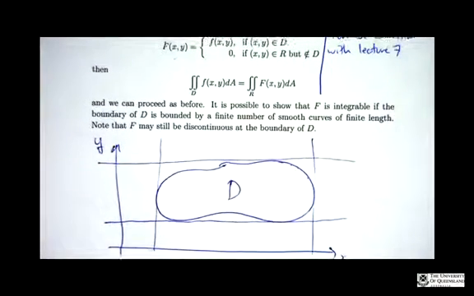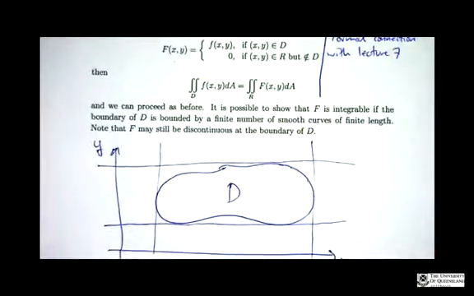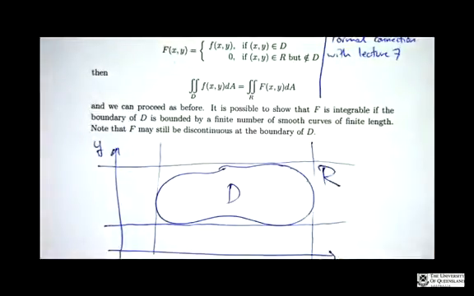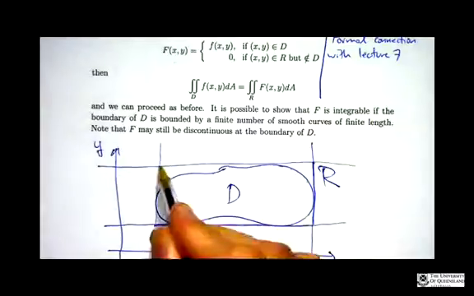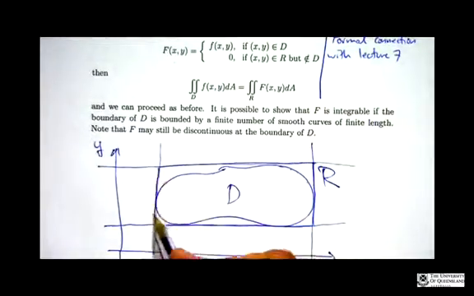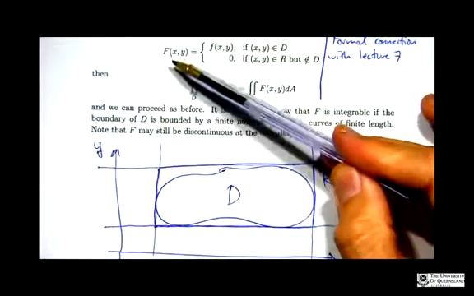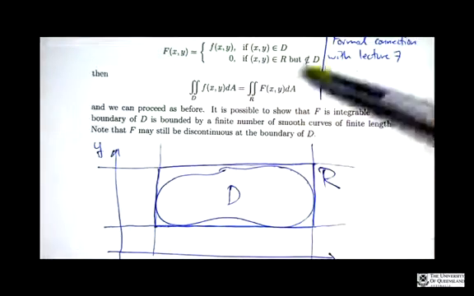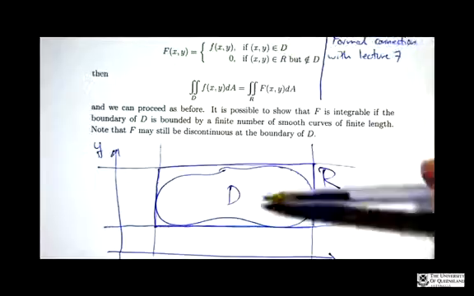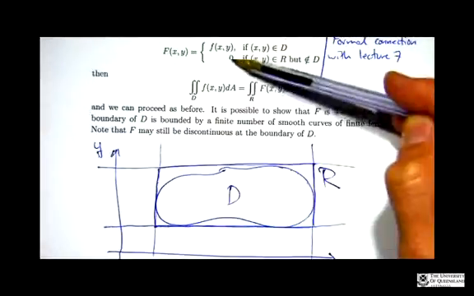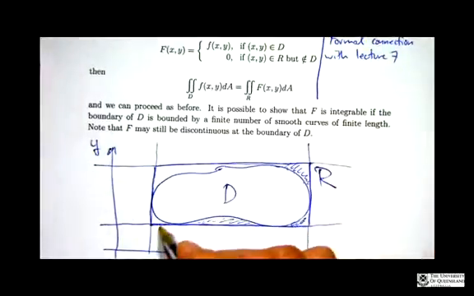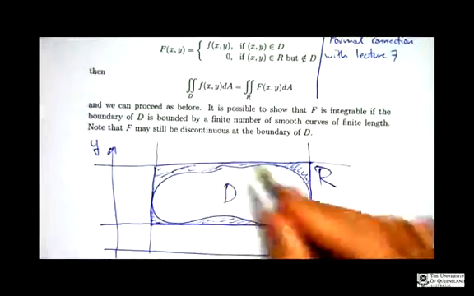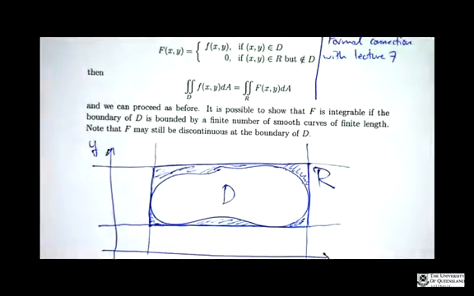That's not important. What is important is that this rectangle that I've just drawn in, which I've called R, completely encloses the region D. And then it turns out that defining this new function capital F, which takes on the same values as little f for points inside D and the value 0 for all of the points out here that are in the rectangle but not in the region D, is still integrable.